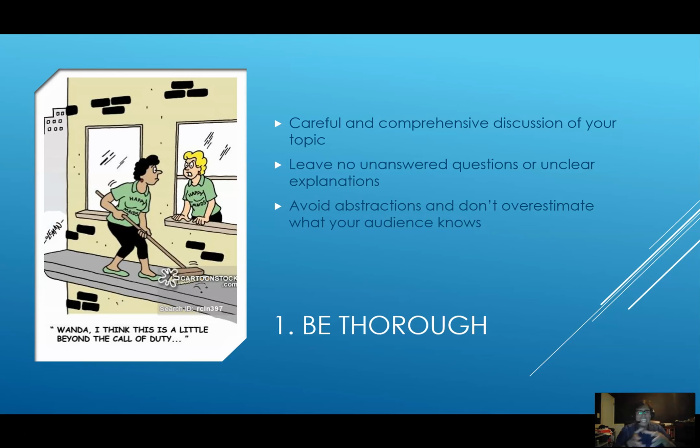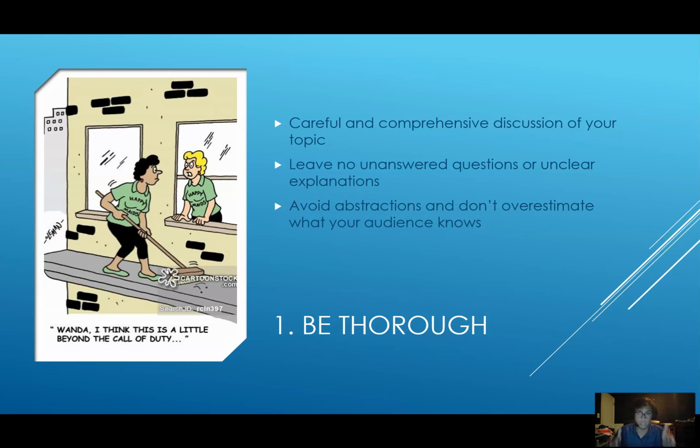When we leave information out that the audience thought would be there, it is incredibly distracting and diminishes the speaker's credibility as well as the overall understanding of the topic. Also, we should avoid abstractions and not overestimate what the audience already knows.